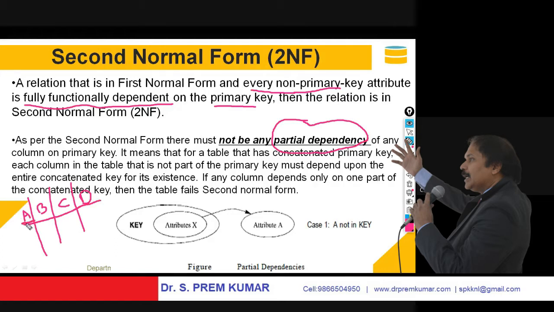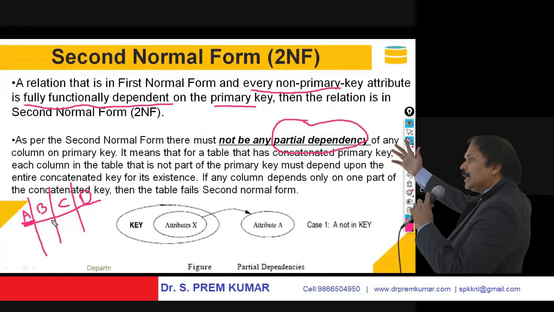If I say A, I should be able to tell B, C, and D. This means B, C, and D are all functionally dependent on A. There are functional dependencies between B, C, D and A.